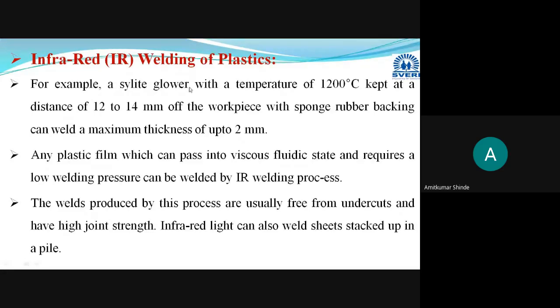The glower acts as a source for infrared light waves. It is kept at a distance of 12 to 14 millimeters from the workpiece, and that workpiece has a sponge rubber backing. Sponge rubber backing acts as a holding fixture. Maximum weld thickness up to 2 millimeters can be obtained here. This is one practical example.